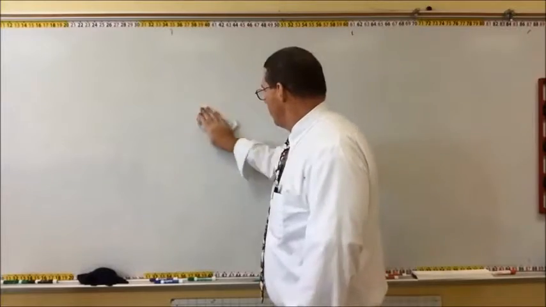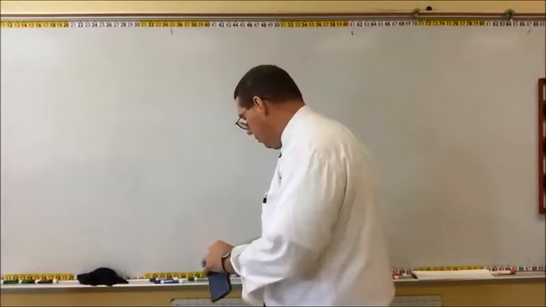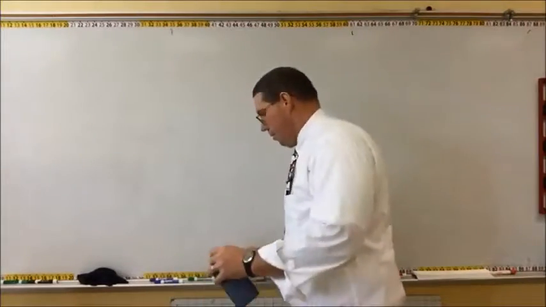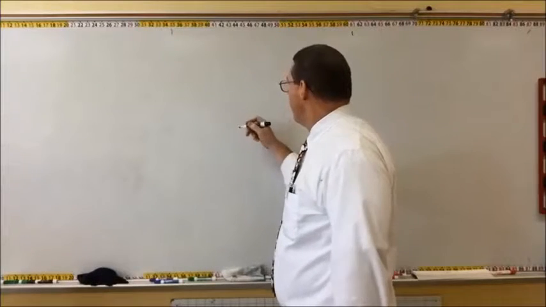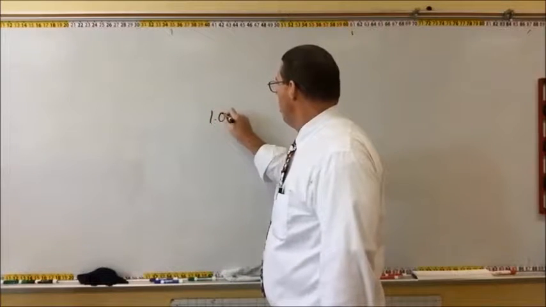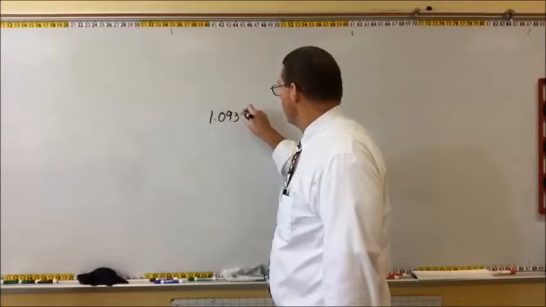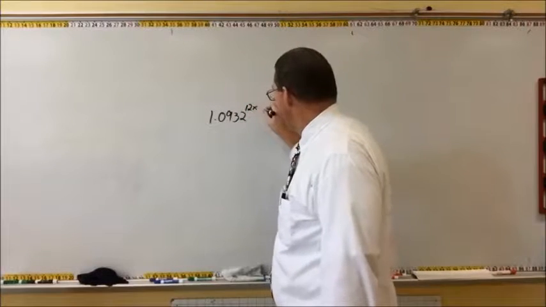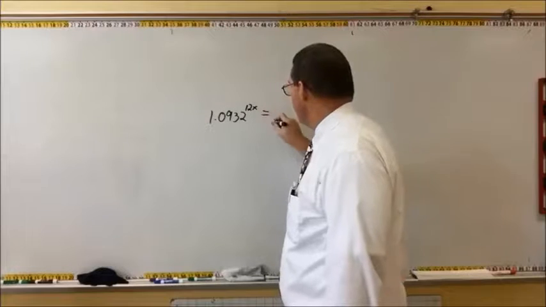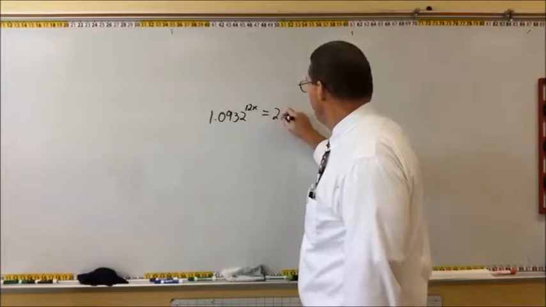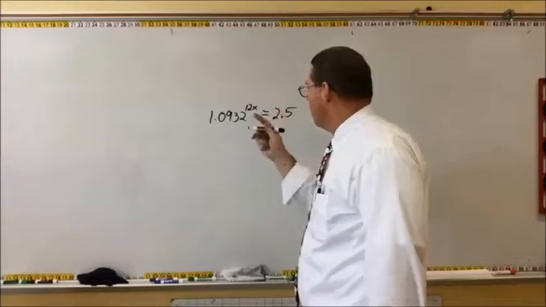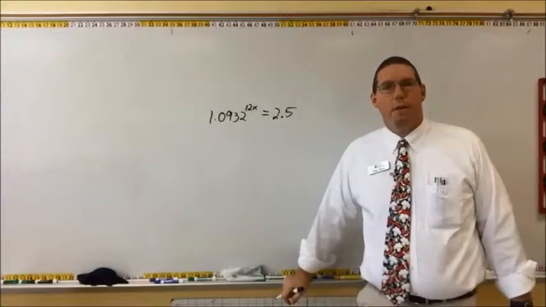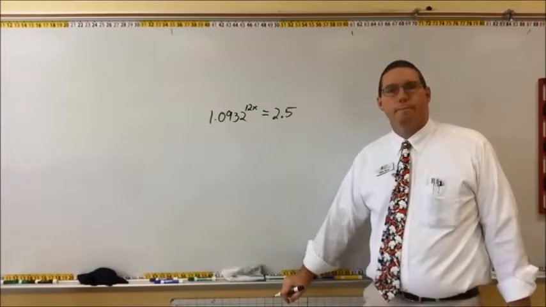Why don't you try this one on your own? What if I tell you that 1.0932 to the 12x power is equal to 2.5. Why don't you go ahead and pause the video and solve for x?